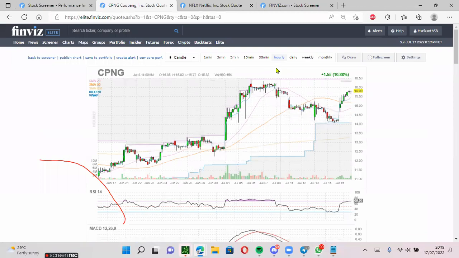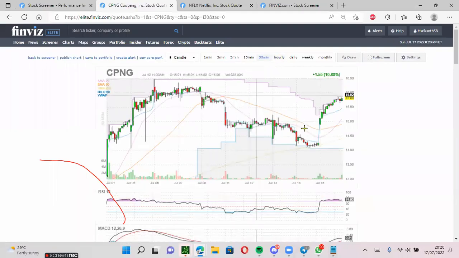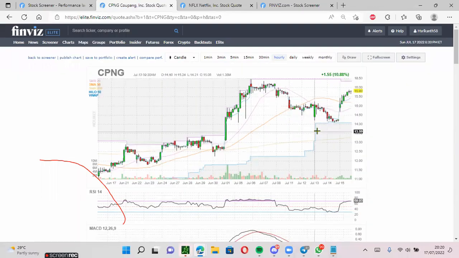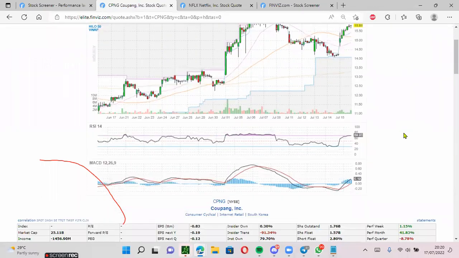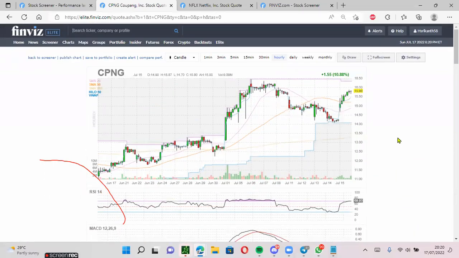Okay, if you see on hourly, it's trying to break out from $11. 30 minutes, same thing. Yep, MACD buy and RSI is also almost closer. It has to break above 1632, 1640, 1650. It has to break out that level to gap up higher.